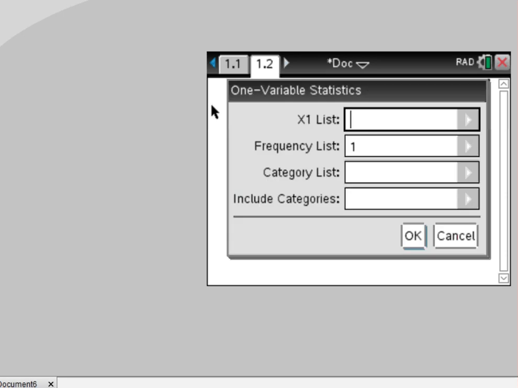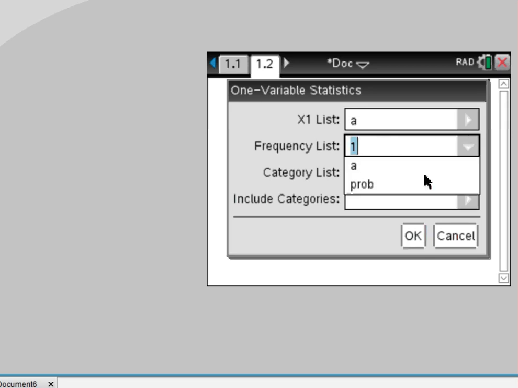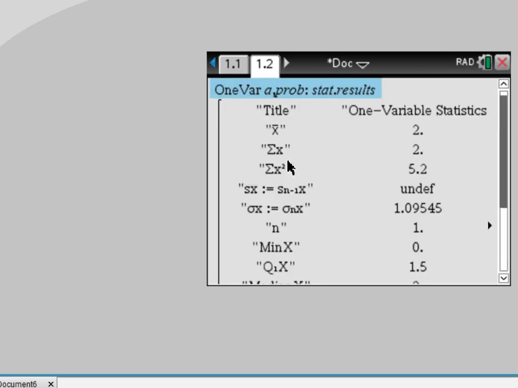And I hit enter. So I can see that my expected value here is 2 shirts, and my standard deviation, if I look, is 1.09, which I'm going to call 1.1. So let's go back to our document. So my expected value was 2 in this situation, and then my standard deviation is 1.10.